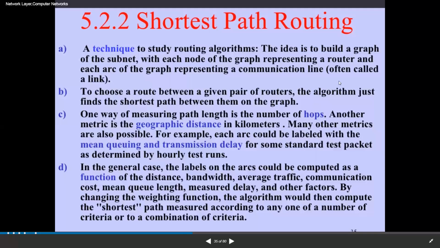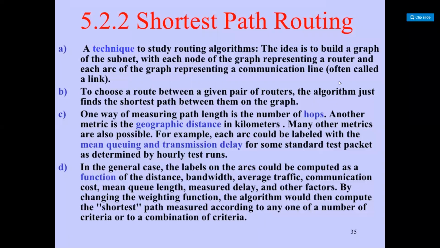First, we need to know which type of algorithm this is, whether it is an adaptive routing algorithm or a non-adaptive routing algorithm. The main purpose of the shortest path routing algorithm is just finding the shortest path between the source and destination.